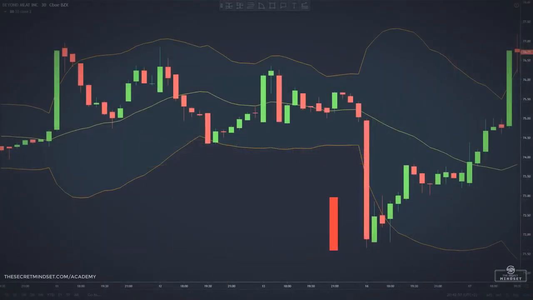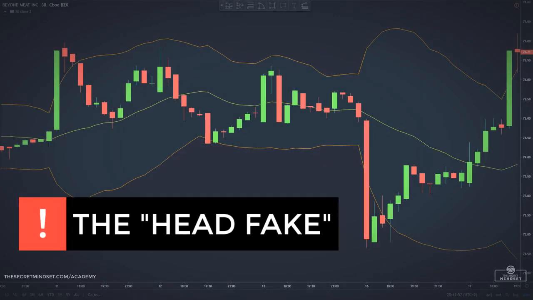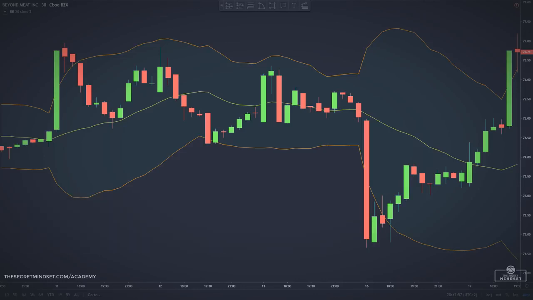In his book, John Bollinger advises traders to beware of the head fake. This occurs when prices break a band, then suddenly reverse and move the other way, similar to a bull or bear trap. A bullish head fake starts when the Bollinger Bands contract and prices break above the upper band. This bullish signal doesn't last long because prices quickly move back below the upper band and proceed to break the lower band.